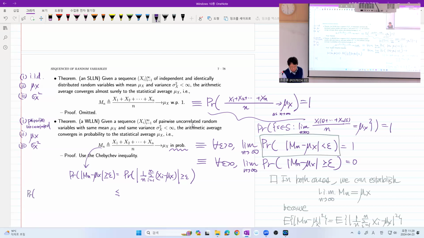So remember that suppose you have some random variable, then what? Let me just simply do that. Even if x is not positive, this event is smaller than that event.